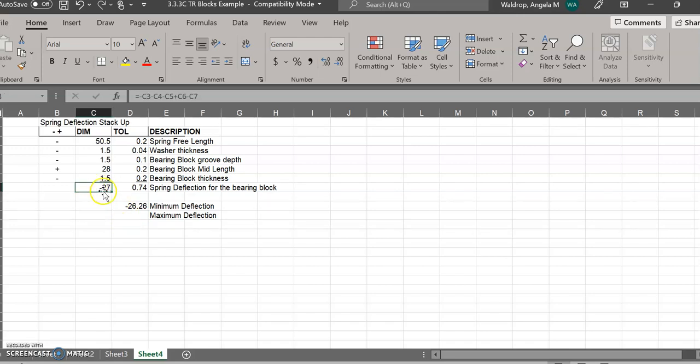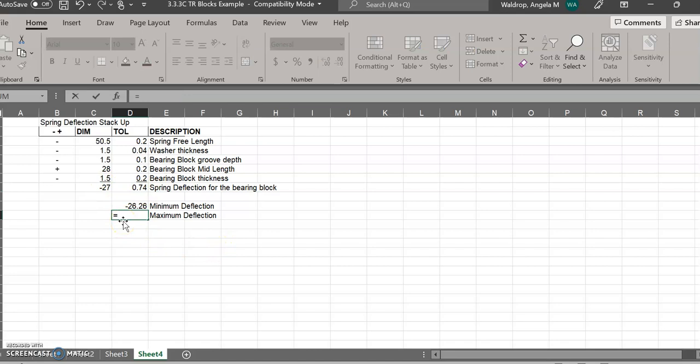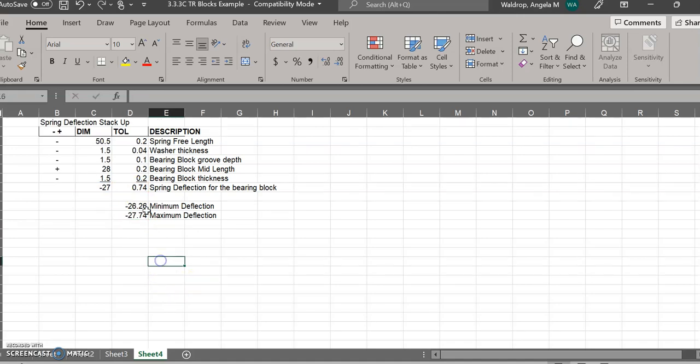So that's why I'm going to take this one now and then subtract that one, and that will give me a larger negative number. So I'm going to say equals, start off with my nominal value, and then I'm going to subtract my tolerance, and that's going to give me the maximum possible deflection. And there we go. That is our spring stack up.